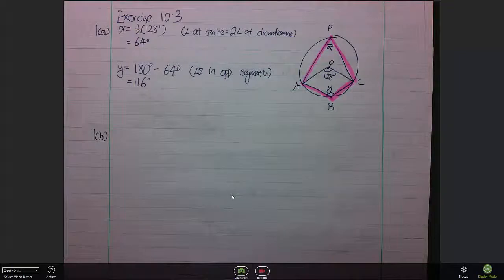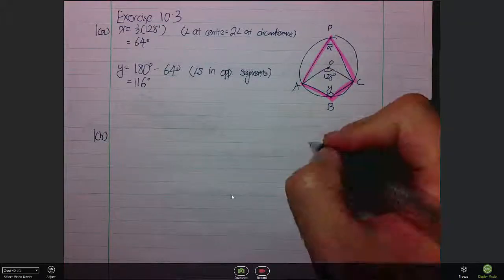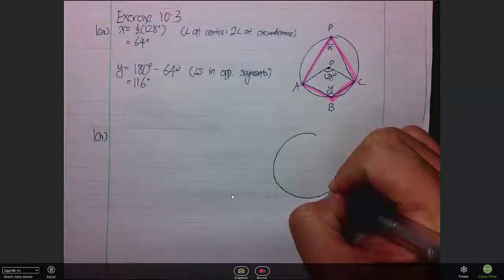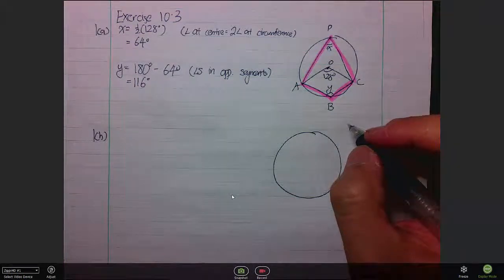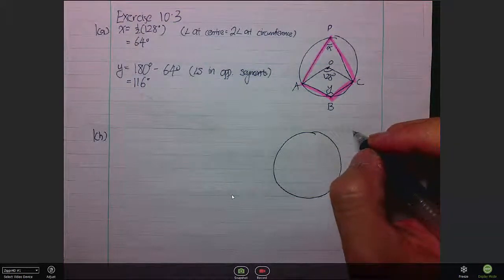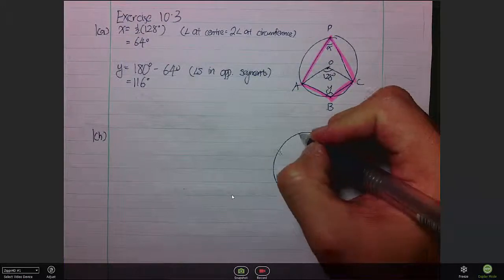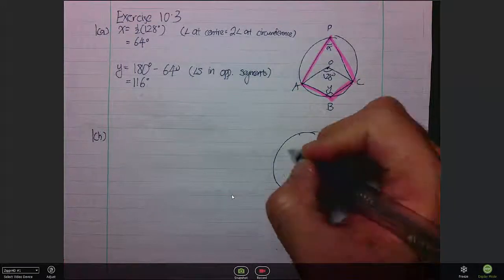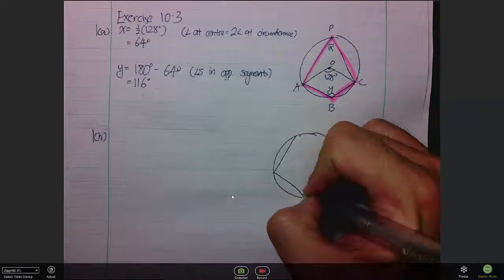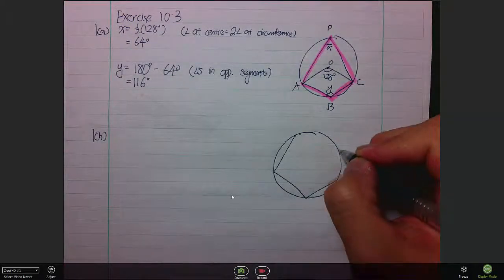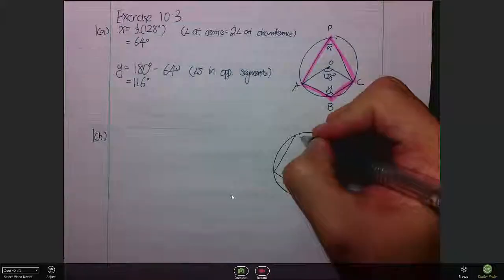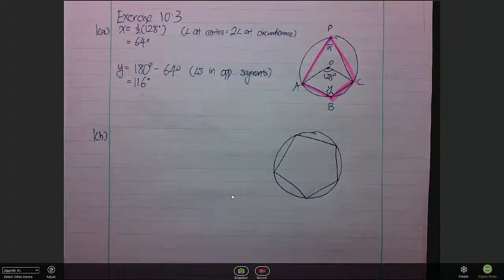For 1h we have to find angle x. First let's just draw the diagram. Then we have A, B, C, D, E. Like that.